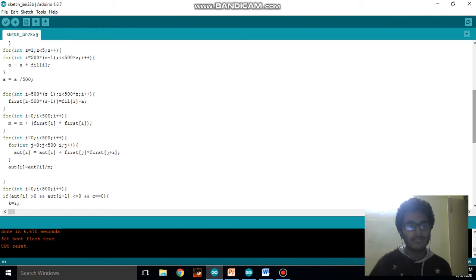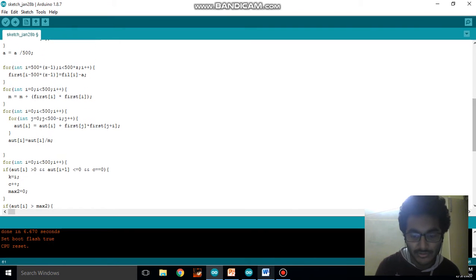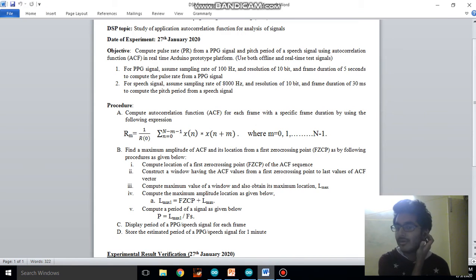After that we found the autocorrelation function of the signal. Next we need to find the first zero crossing point and find the second maximum peak. We know that the first maximum value will be at 0, but we don't know the position of the second maximum value.